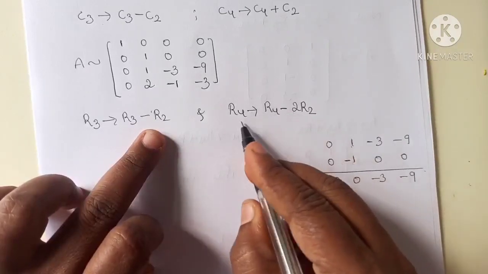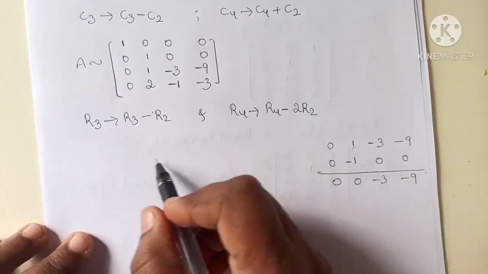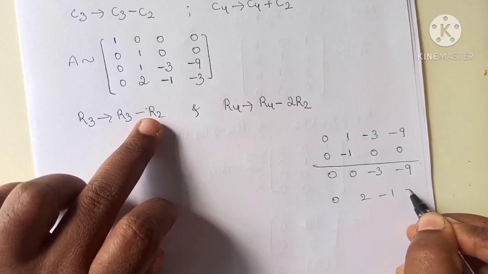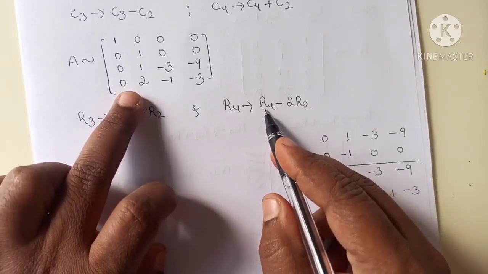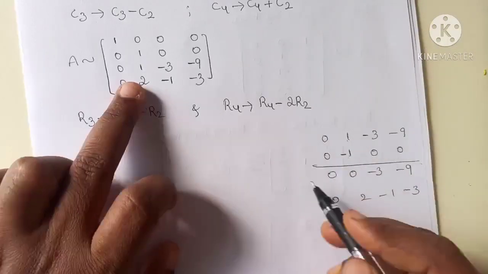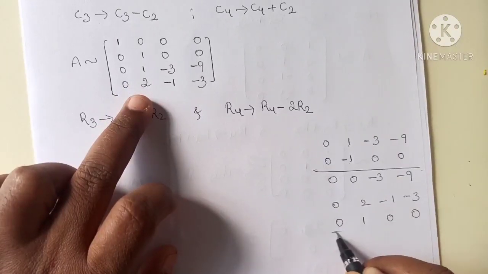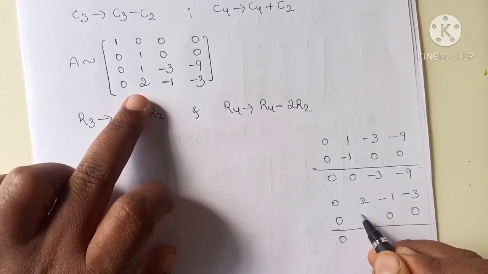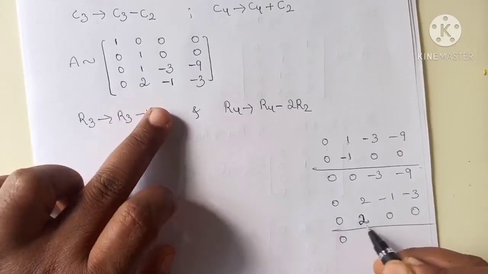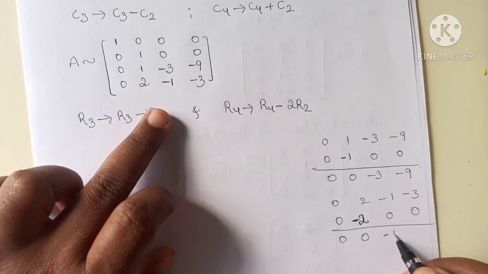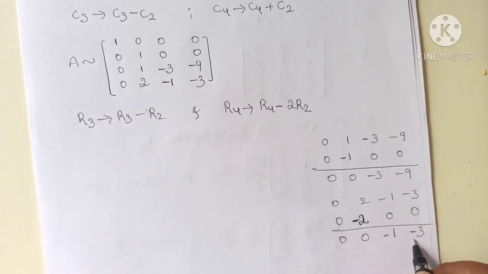When calculating R4, we get R4 elements are 0, 2, minus 1, minus 3. Now 2 into R2 is 0, 2, 0, 0. Changing the sign we get minus 2, 2 minus 2, 0, and the rest of the elements are the same as it is.